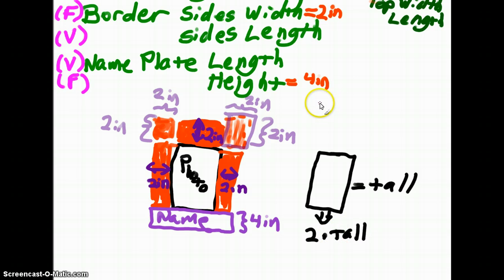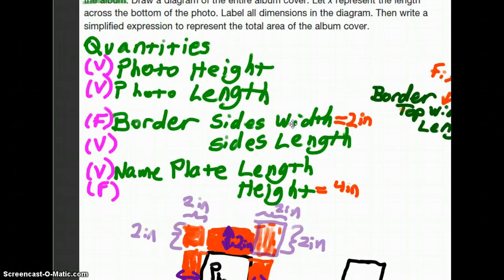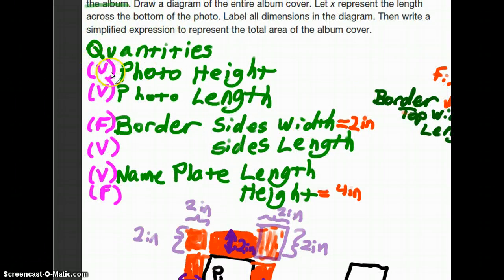What that's telling us is that this bottom piece depends on how tall the photo is. So with these variables that we see up here, what we actually find is that ultimately this particular height is the independent variable.